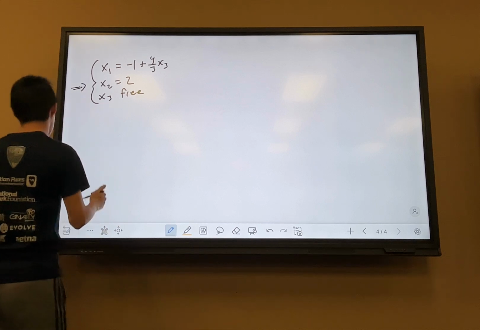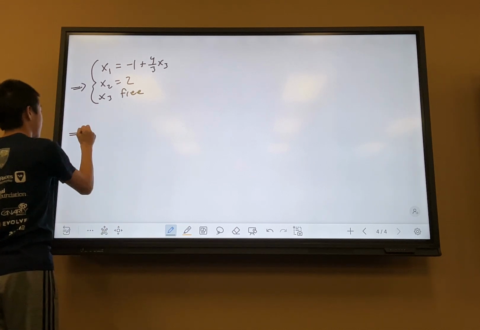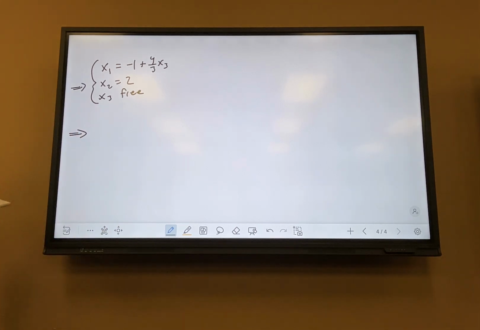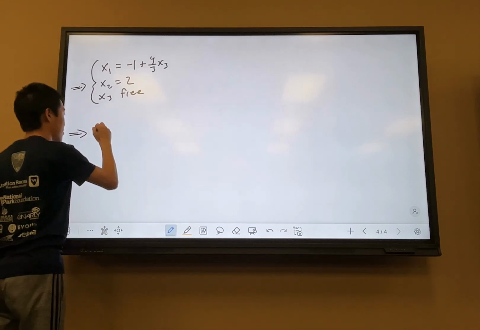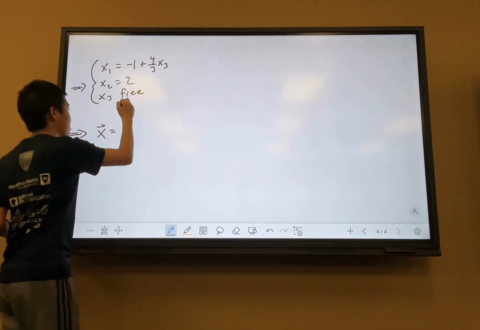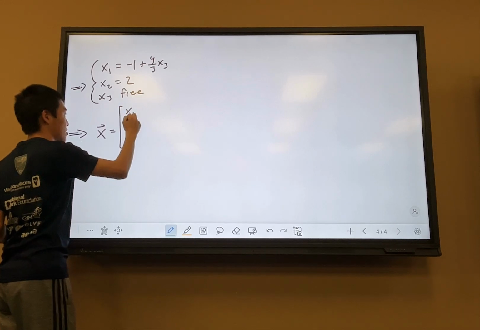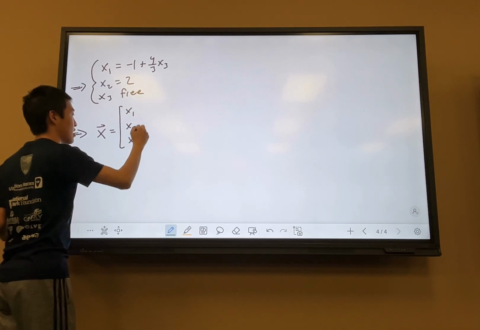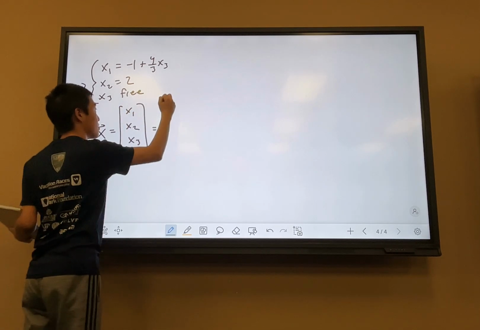Then I can write my solution set, the vector x. How many components do I have? I have 3 components, x1, x2, and x3.